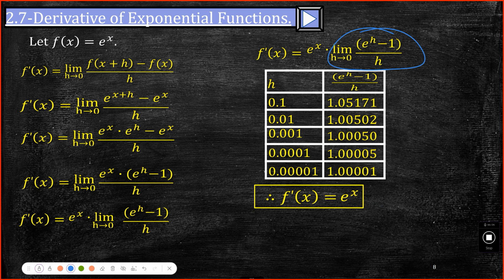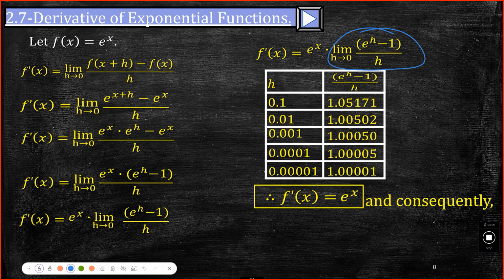These three little dots right here, this is called therefore. Therefore, f prime of x is equal to e to the x. And then there's this other one that, again, just believe it. The proofs and why it's true are in the future.